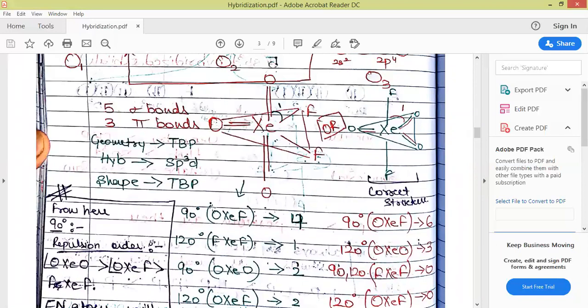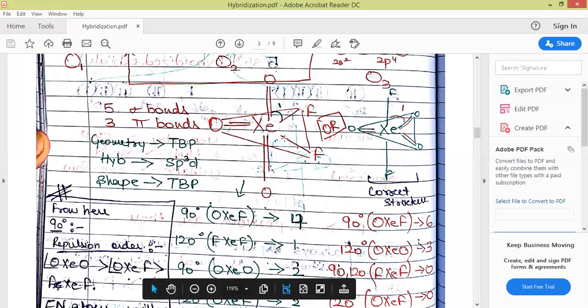So if we compare this angle, as fluorine is more electronegative, it will attract the bond pair present due to the formation of the bond between xenon and fluorine towards itself. So it will reduce the repulsion to a greater extent than oxygen.